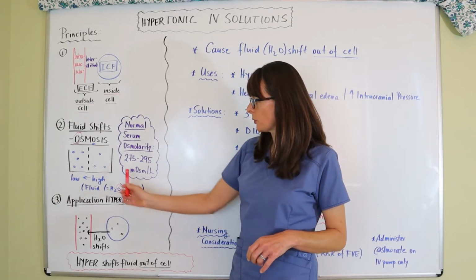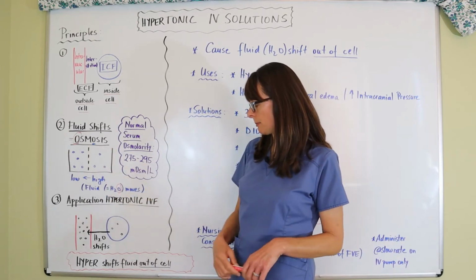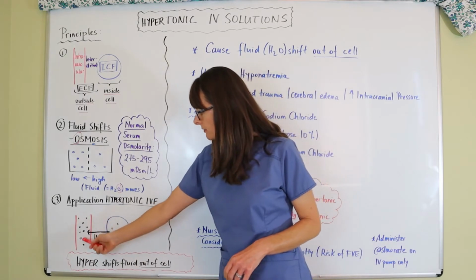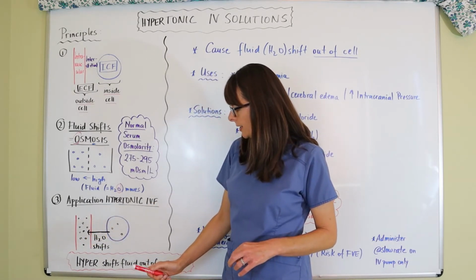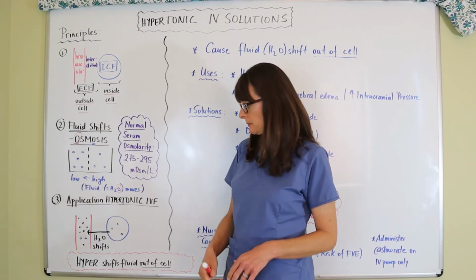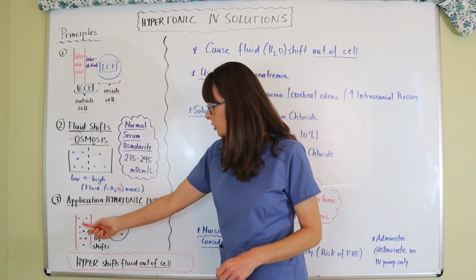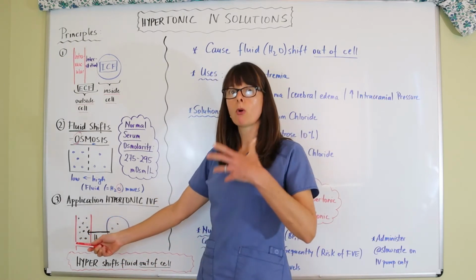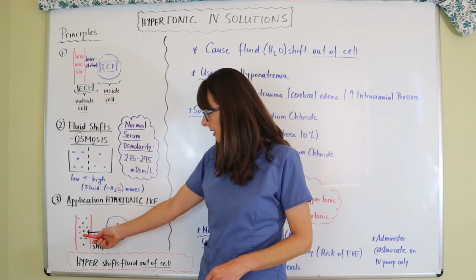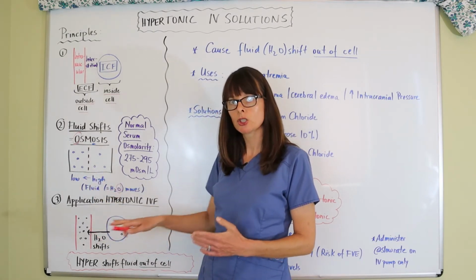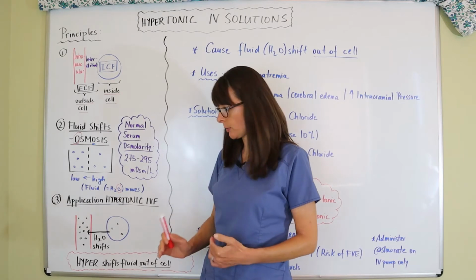So how does this fluid shift and osmosis apply to IV solutions? Again, here we have our blood vessel and then the cell. We can only administer fluids in the intravascular space. Now if we give the patient hypertonic IV solutions, meaning that they are more concentrated than the serum, the body is going to try to shift and put this into equilibrium.